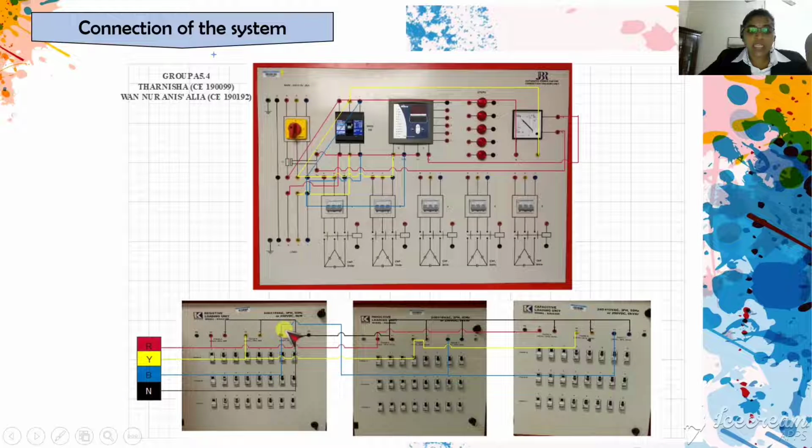Then the neutrals are connected between each other of the A2, which is A2 to B2, B2 to C2, C2 again to A2 of the inductive loading, and also from A2 of the inductive loading unit we go to the B2, C2.